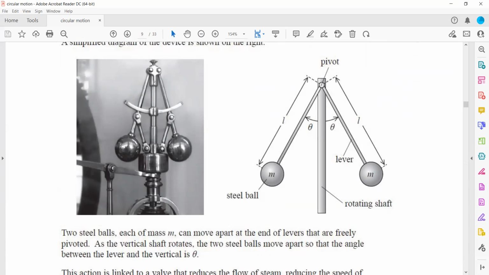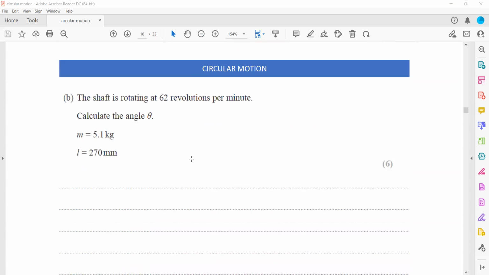How to work out the value of omega? Omega is equal to theta divided by t.